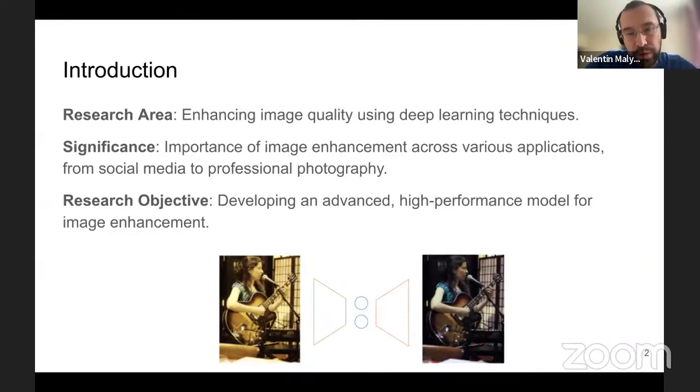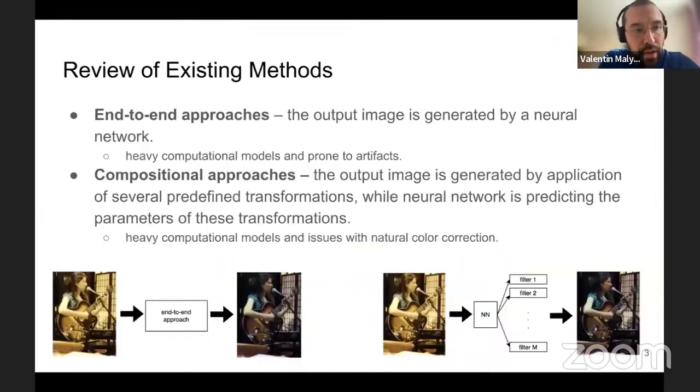The importance, of course, I think is obvious, because the photos themselves could be really interesting, but a person like you or me would like to see this photo to be looking good, and we're trying to solve this problem. So we're trying to develop some advanced technology which will make this happen, so improve the image quality.